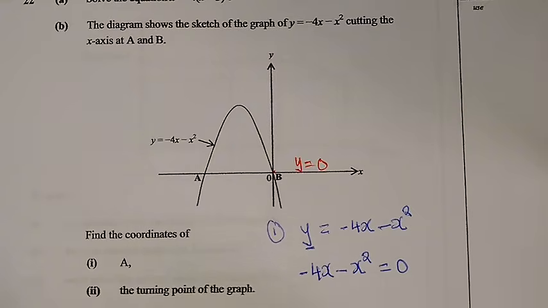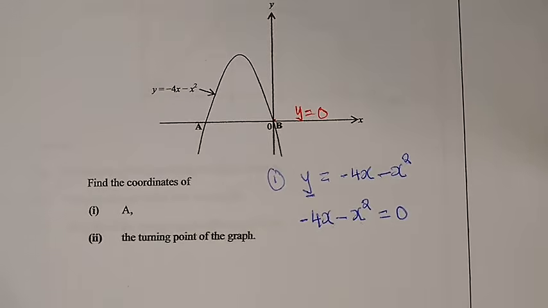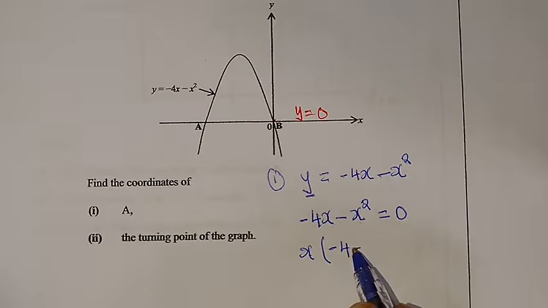Then from here we need to factorize this equation. You can see x and x squared, we have similar variables, so we're going to factorize x. When we factorize x, you're going to have x, open bracket, x into 4x, meaning this and this is 1, you remain with negative 4, minus x into x squared.